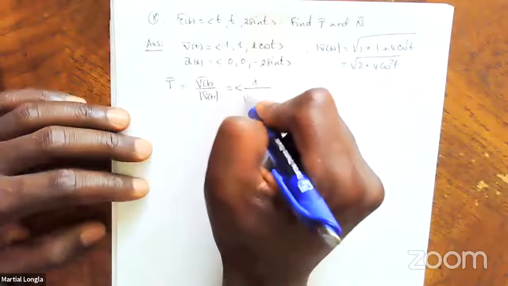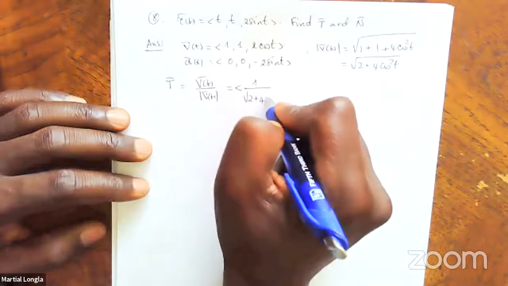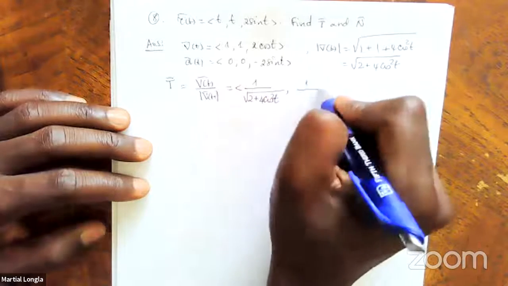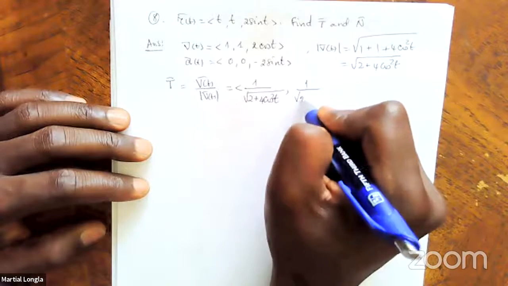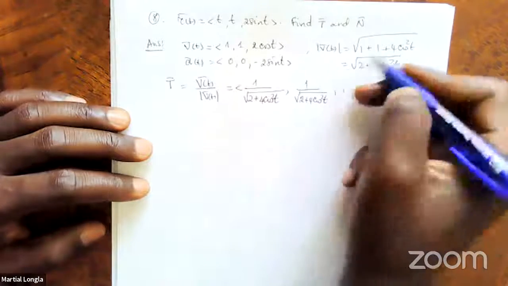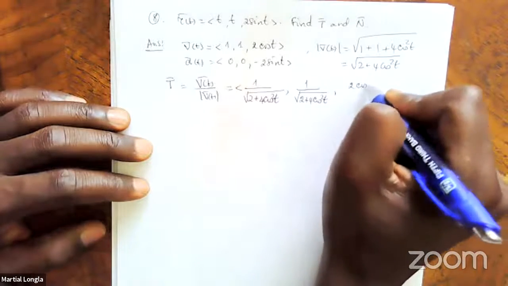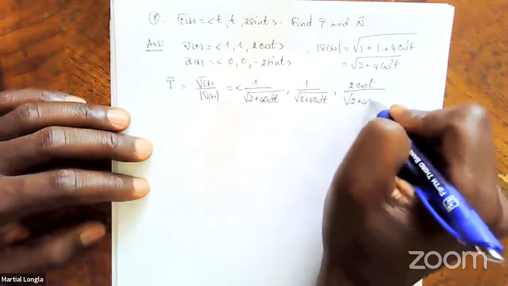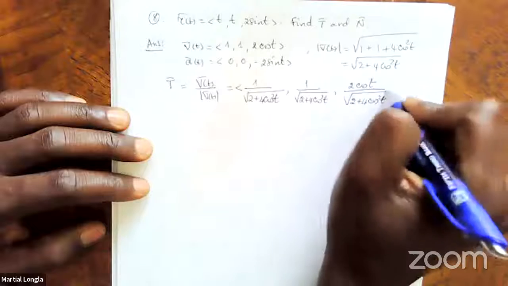So that's 1 over square root of 2 plus 4 cosine squared t, 1 over square root of 2 plus 4 cosine squared t, and then 2 cosine t over square root of 2 plus 4 cosine squared t.